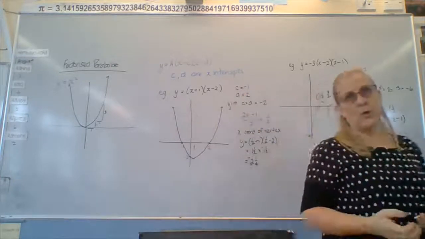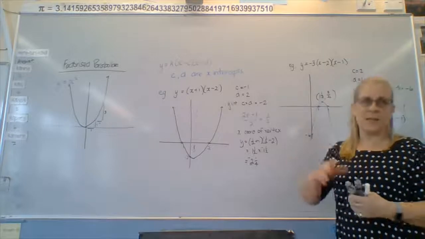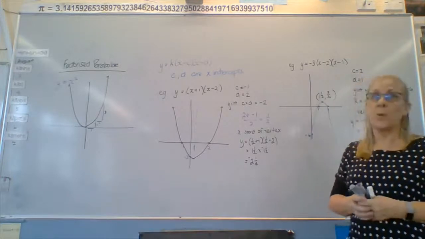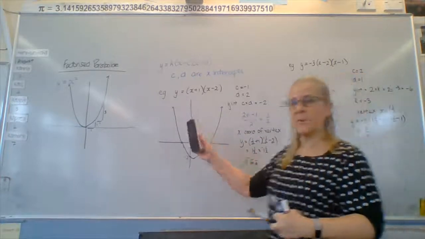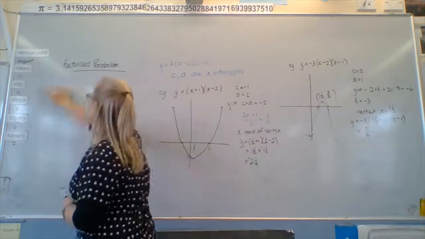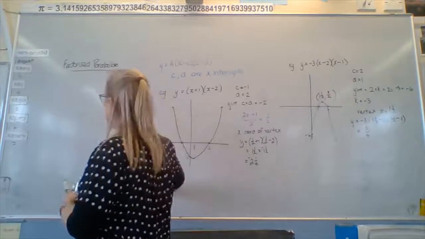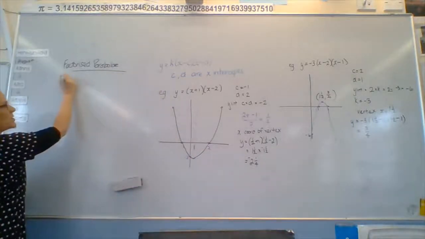All right. So that's how to draw them. Now we need to know how to find the equation. And the equation is actually quite easy to find. So if we've got a drawing, let's go over here and I'll rub this one out. So, equations.